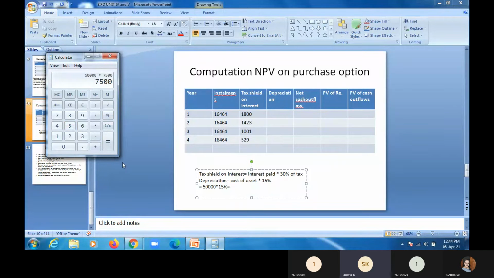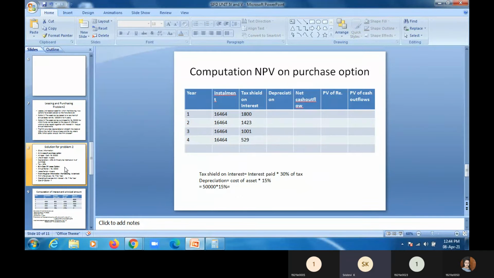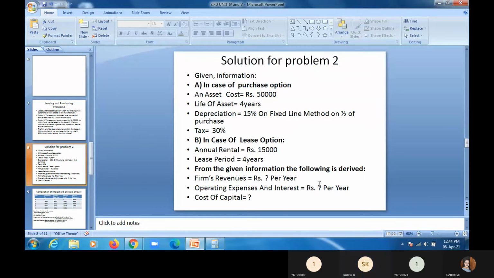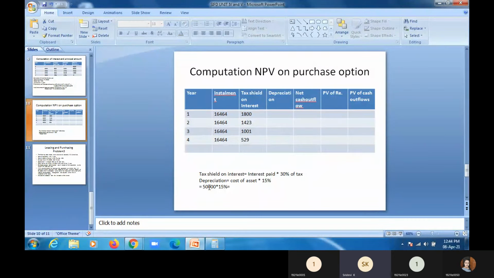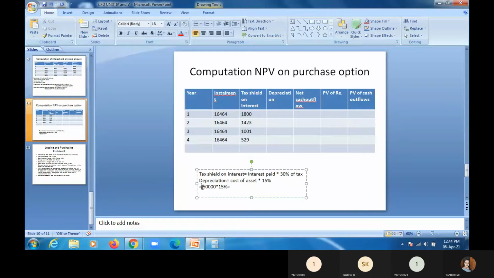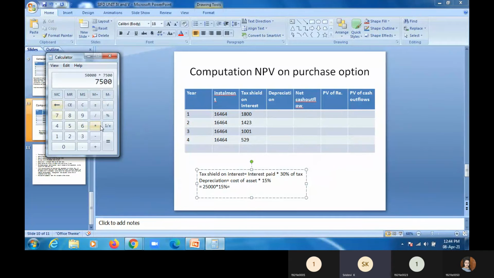Sorry, here a condition is given, no? What is the condition here? Depreciation is paid on straight line basis on half of the purchase amount, right? So that means you are not going to calculate on the 50,000. You are going to calculate on the 25,000, half of the amount of 50,000.